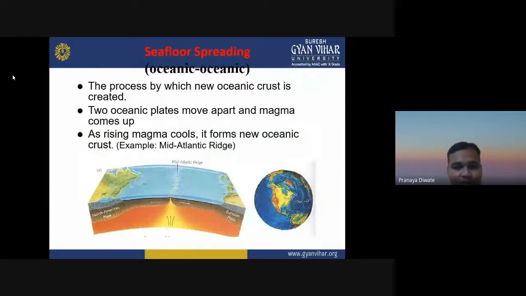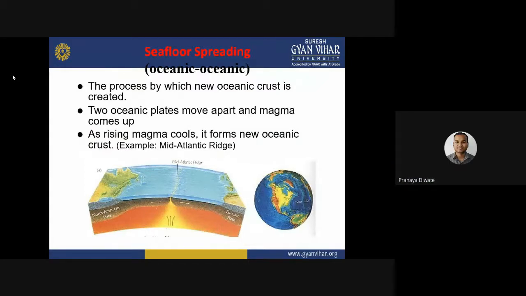Seafloor spreading is when, in the sea or ocean, two oceanic plates move apart, and as rising magma cools, it forms new oceanic crust.